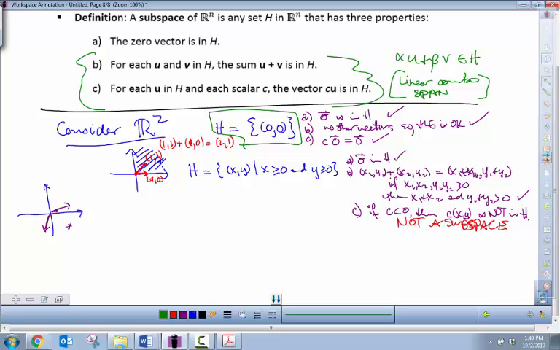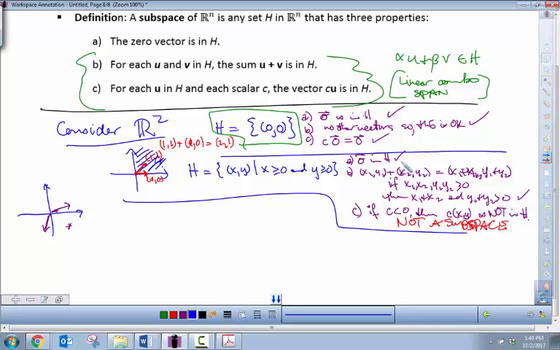The other subspace is kind of another, I don't want to say degenerate, but another trivial subspace. So if H is equal to all of R2, then it should satisfy all the conditions, right? We got 0 is in R2.